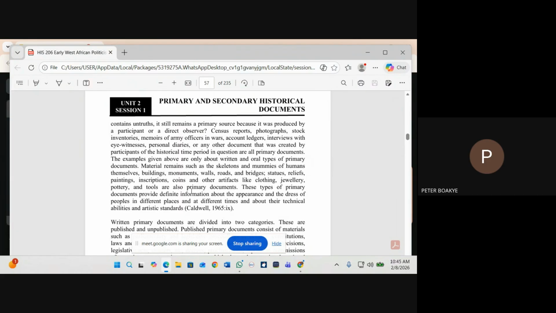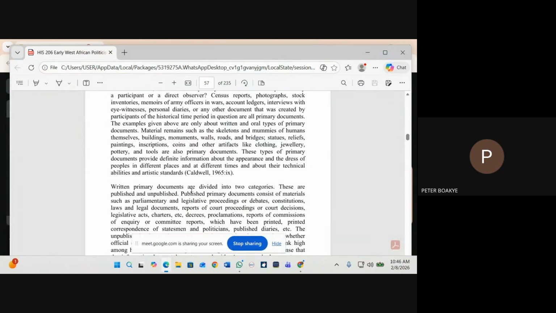The examples given above are only about written and oral types of primary documents. Material remains such as the skeletons or mummies of humans themselves, buildings, monuments, walls, roads and bridges, statues, reliefs, paintings, inscriptions, coins, and other artifacts like clothing, jewelry, pottery, tools, are also primary documents.